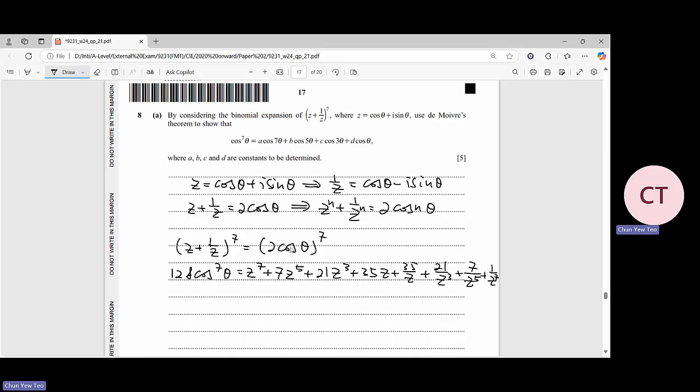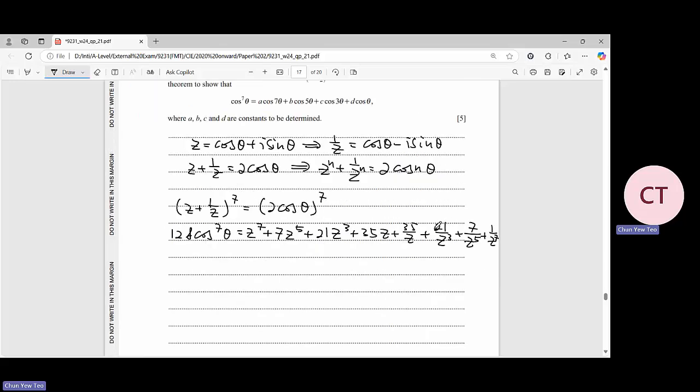If you use a binomial expansion, you can just expand them directly. So what we are doing here is that we group the z to the power 7 and 1 over z to the power 7 together. We group the z to the power 5 and 1 over z to the power 5 together. We group the 21 z cubed plus 1 over z cubed together.